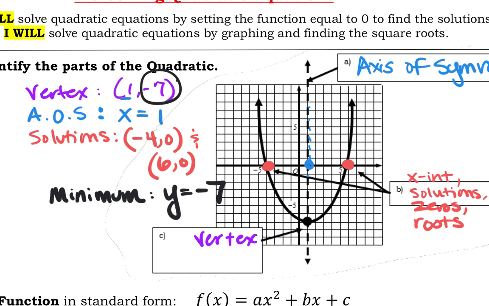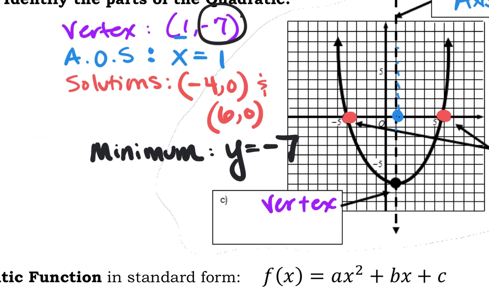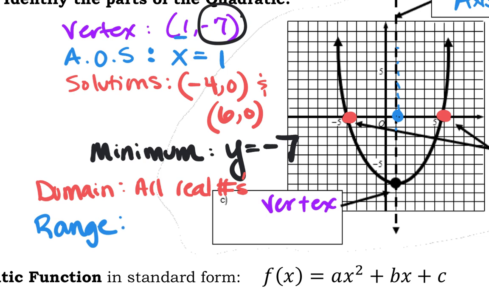All right? And then the last thing we can look at, kind of recapping what we did before, what is the domain for all of your quadratic graphs? All real numbers. And then your range. Is range dealing with the x's or the y's?